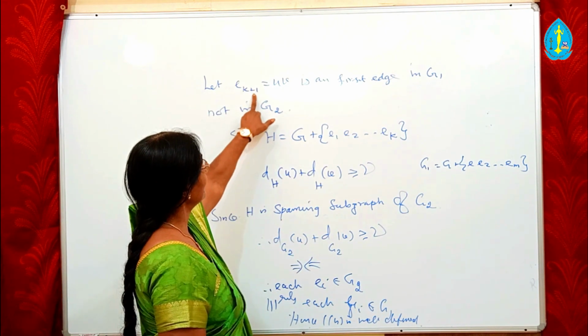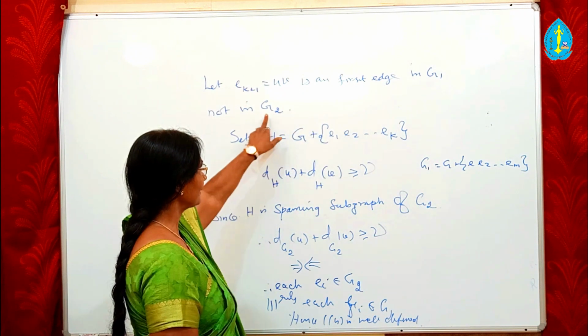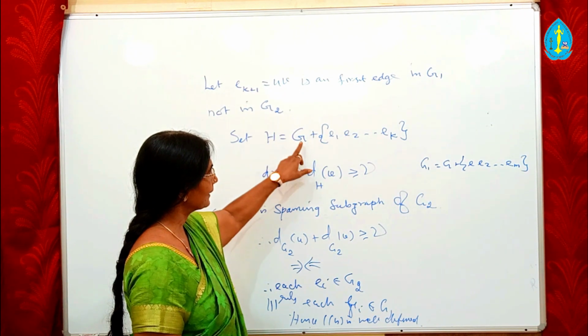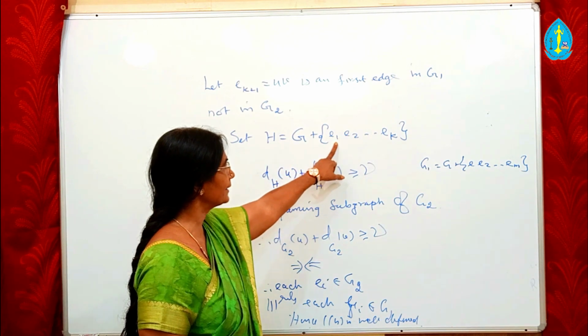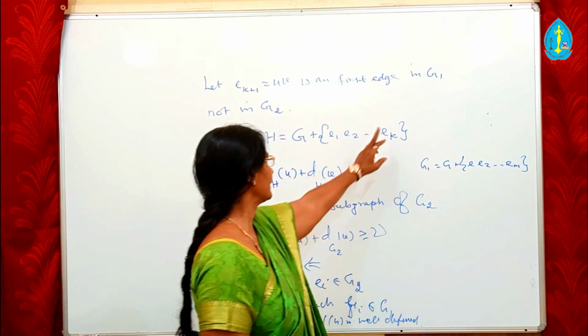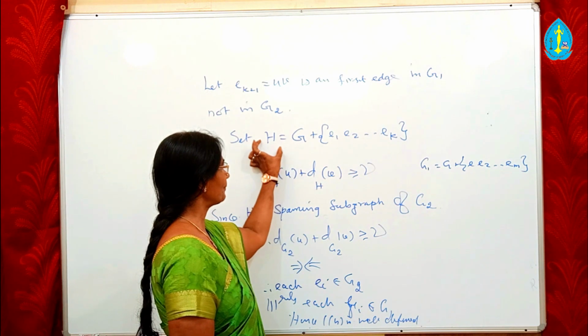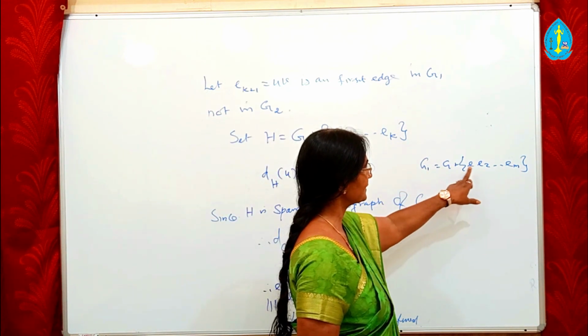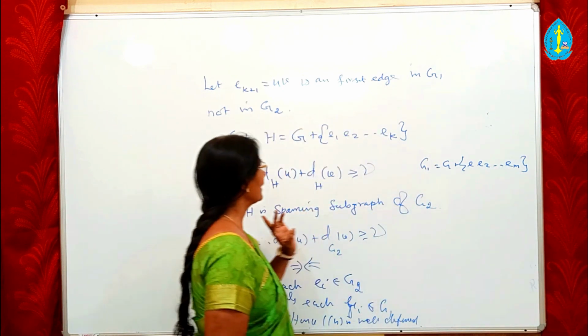That is, E(k+1) is the first edge in G1 but not in G2. H is equal to the graph obtained from G by adding the edges E1, E2, up to Ek. Then H is a subgraph of G1, that is, G1 is G plus E1, E2, etc., Em.